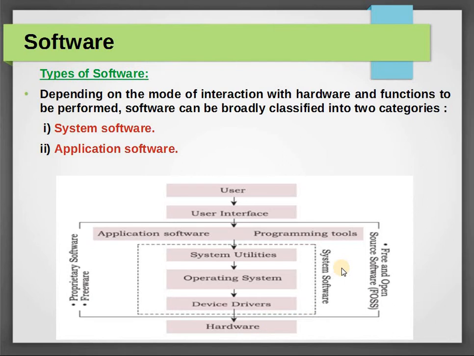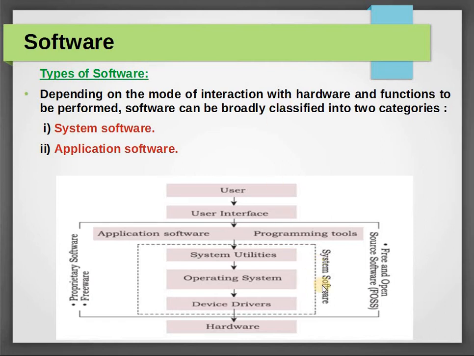Okay, so from here we will study the types of software. Depending upon the mode of interaction with the hardware and the functions to be performed, software can be broadly classified into two categories.